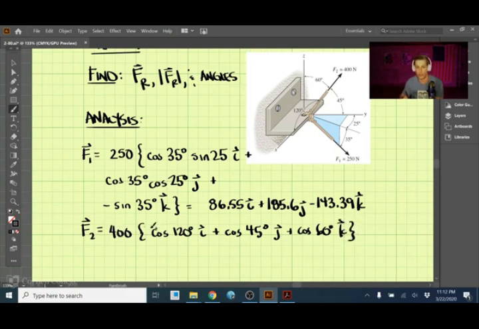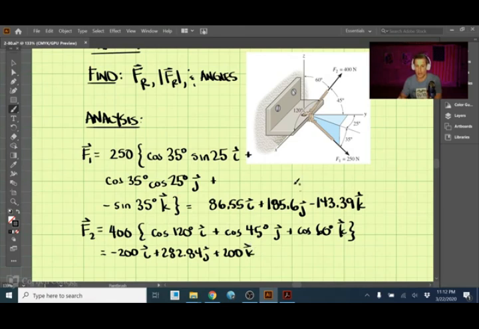So again, distributing the 400 out, we come up with negative 200 i plus 282.84 in the j, and then plus 200 in the k.